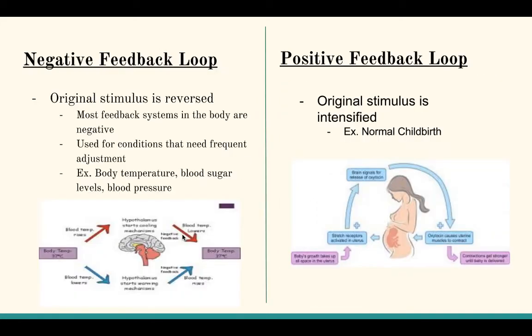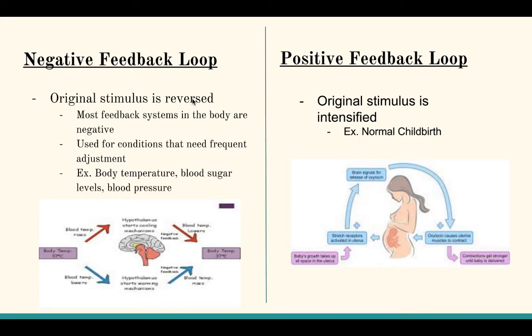All right, next up. We have the negative feedback loop and the positive feedback loop. Let's spend some time looking at the negative first. This is the negative feedback loop. It's not like a negative attitude or a negative action. It's a feedback loop in which the original stimulus is reversed. Kind of like what we just talked about with body temperature.